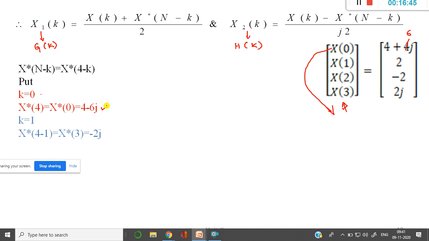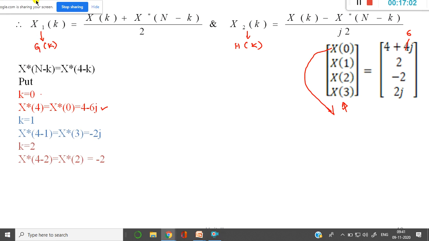Now when k equal to 1, it is X conjugate of 4 minus 1, that is 3. X of 3 value is 2j, therefore its complex conjugate will be minus 2j. Then putting k equal to 2, it becomes X conjugate of 4 minus 2, which is X conjugate of 2, and it is minus 2, remaining the same. In the rest of the cases we have real numbers.